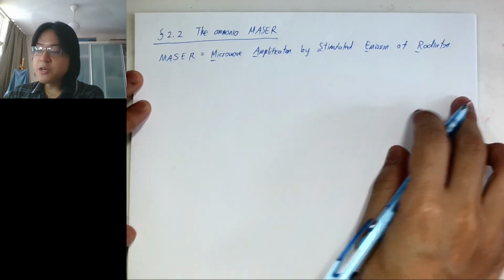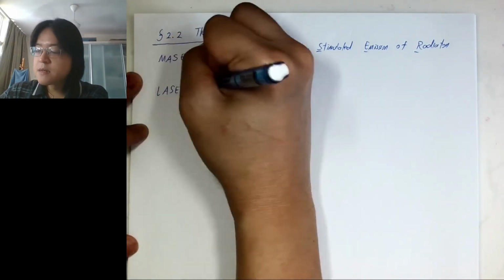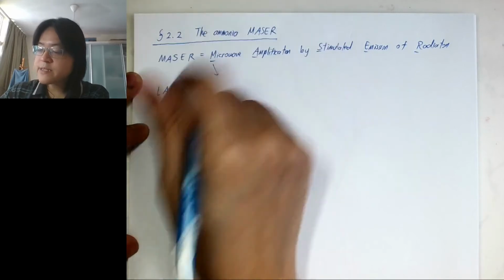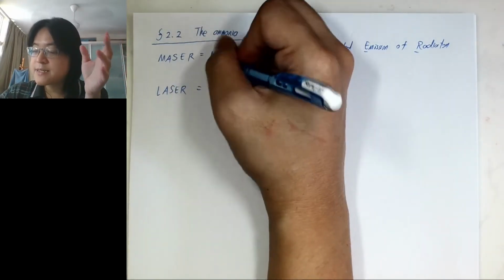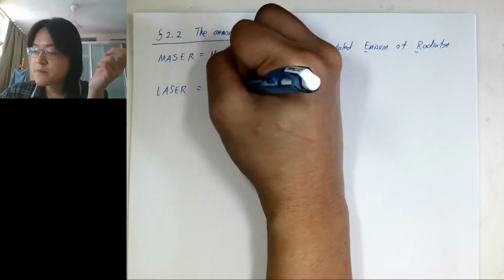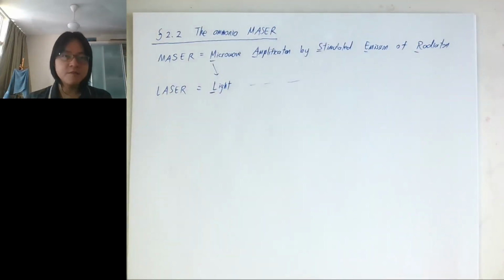It is seldom used nowadays because nowadays people use laser, and in laser, instead of microwave we use optical light, so it's a more general case, and the rest are the same. Right, so this is what we call laser.